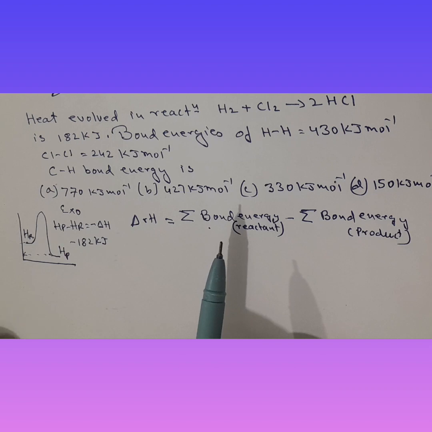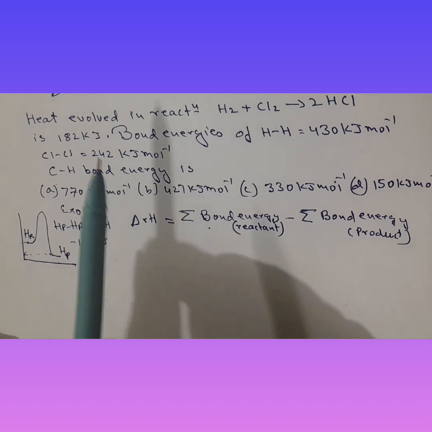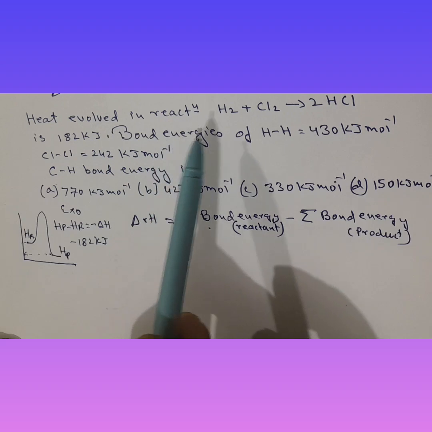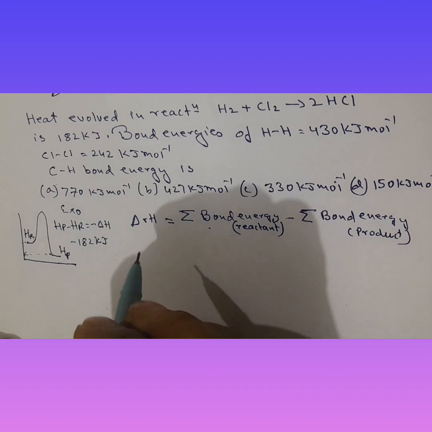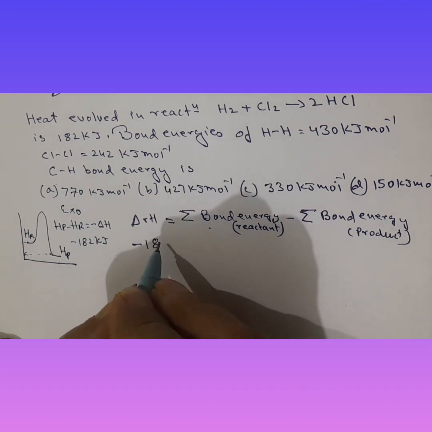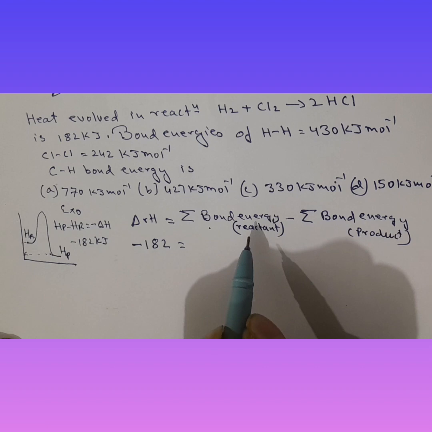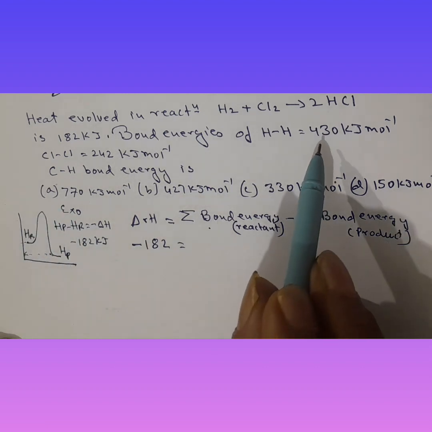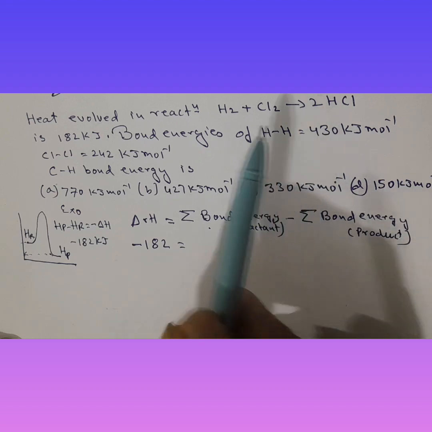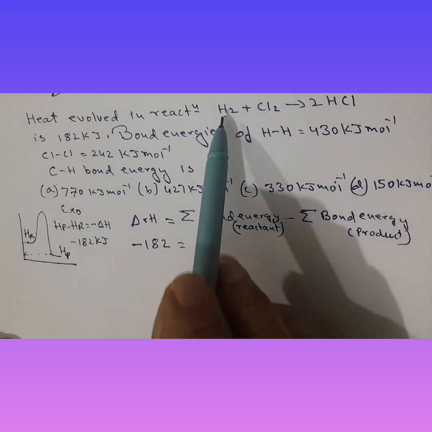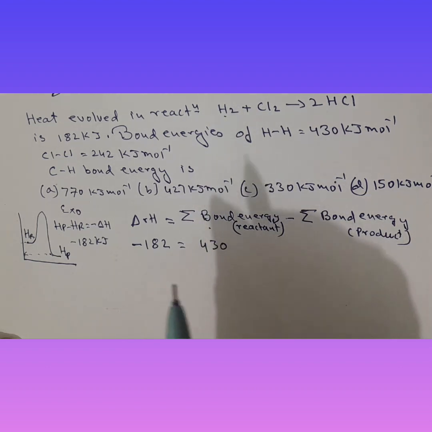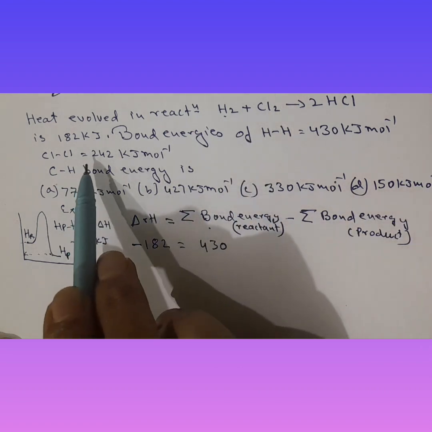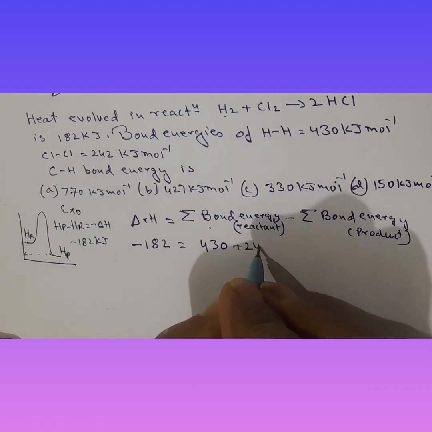Now it's just a mere substitution. Since it is heat evolved in the reaction, it means that the reaction is exothermic. Thus this value would be minus 182, and the summation of bond energy of reactants would be 430 for the H-H bond, and then the Cl-Cl bond would be plus 242.